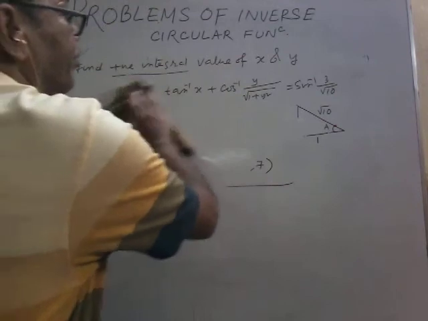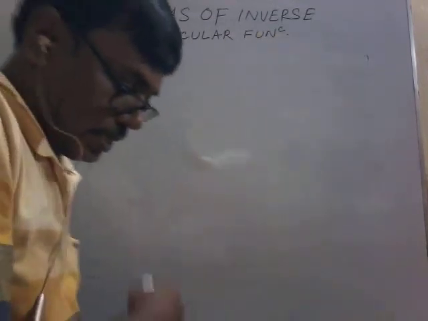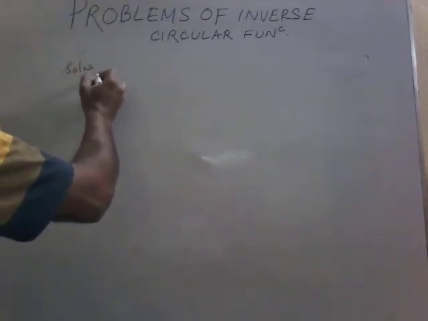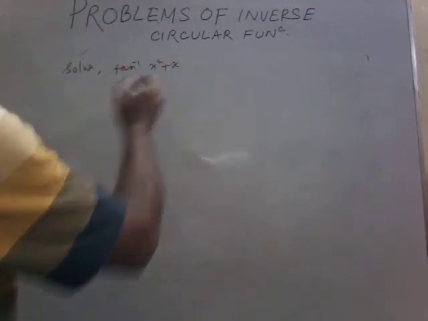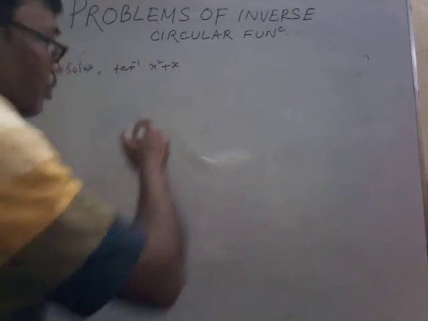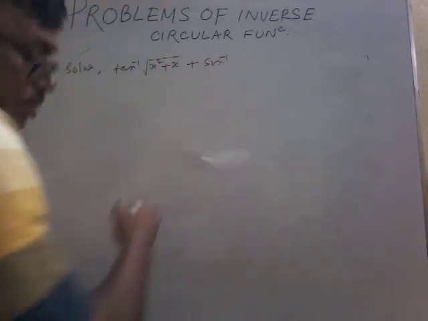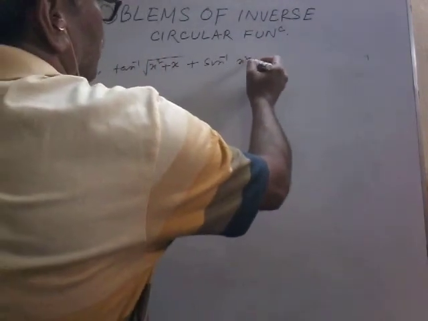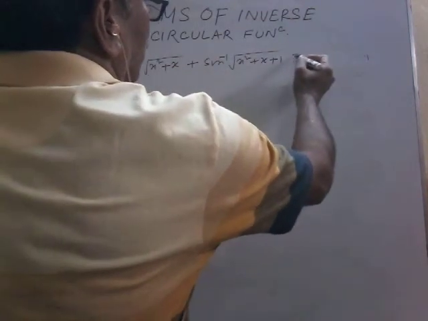Next, solve tan inverse root over (x square plus x) plus sin inverse root over (x square plus x plus 1) equals pi by 2.